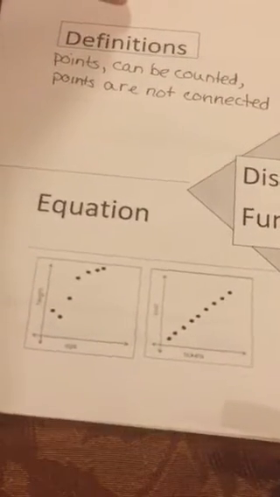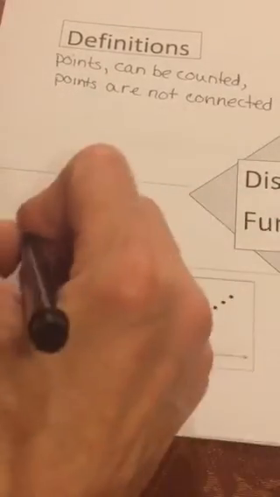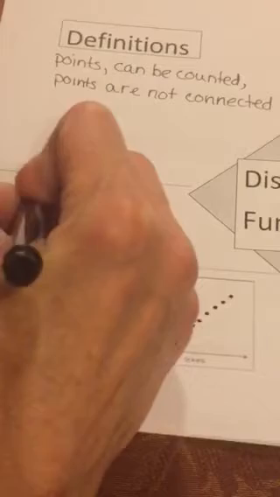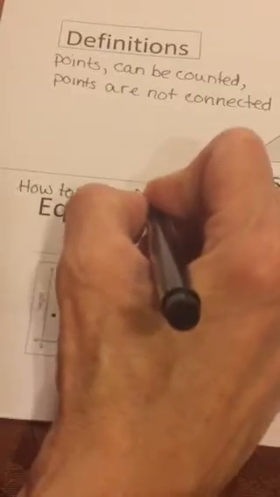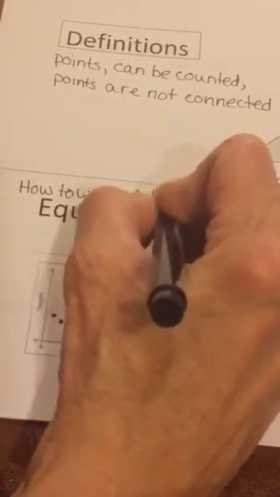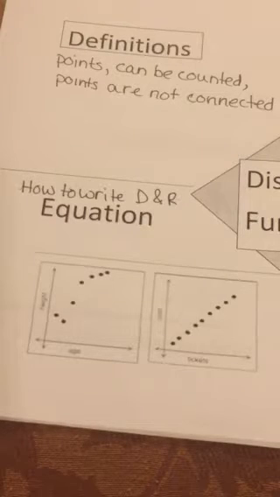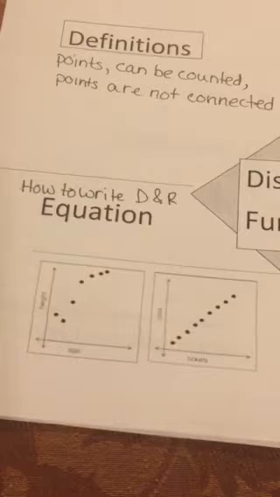Now we're going to go, how do you write it? So this equation thing, I was a little confused about, but I got it. How to write domain, which I'm going to abbreviate D, and R, which is range, because I don't have enough room. So the domain and the range, they're always going to be written in one of the coordinate forms.